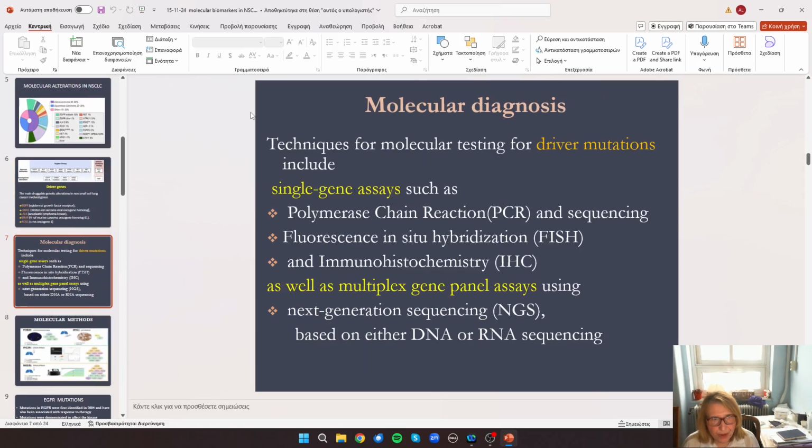In order to find these driver mutations, we perform molecular diagnostic techniques. These are single gene assays such as polymerase chain reaction and sequencing, fluorescence in situ hybridization, and immunohistochemistry, as well as multiplex gene panel assays using next-generation sequencing on DNA or RNA level.